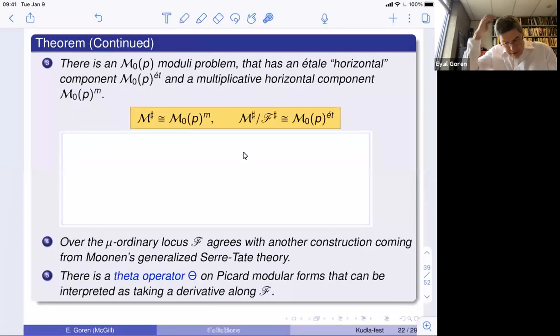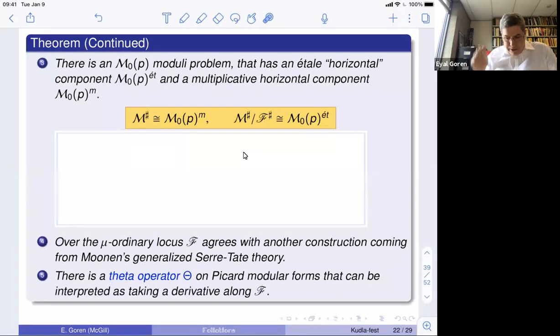And another fact to mention is that in another work, we define a theta operator on Picard modular forms. And we can show that this theta operator, in a certain sense, is taking the derivative of a Picard modular form, but only in a particular direction, okay, which is the direction of the foliation that we defined.